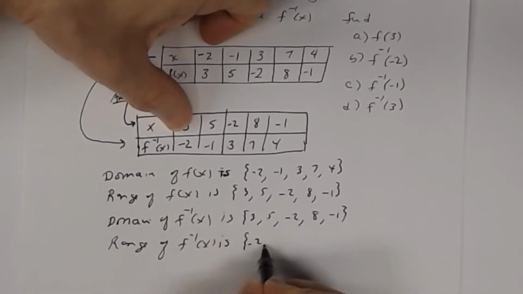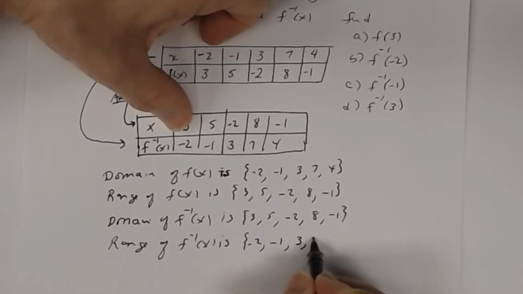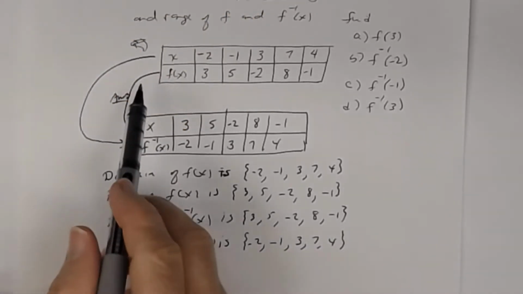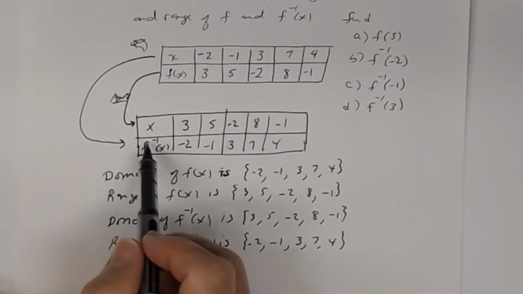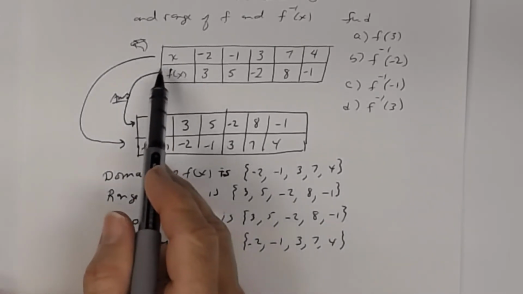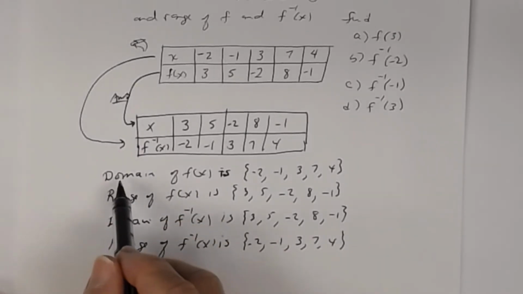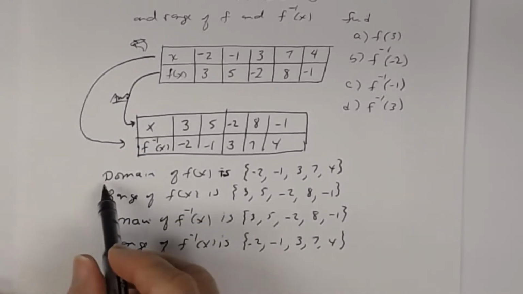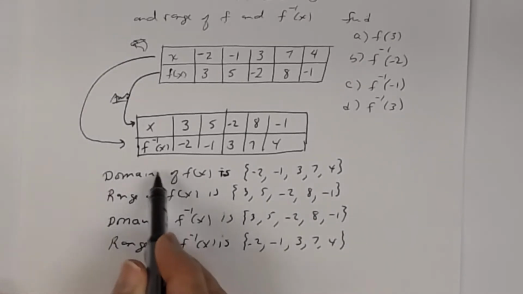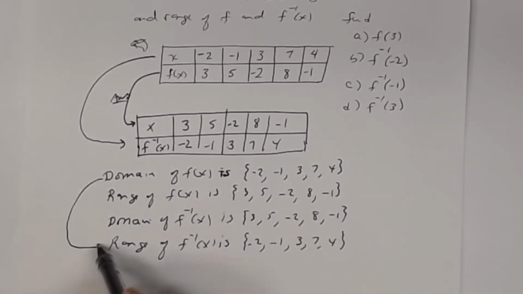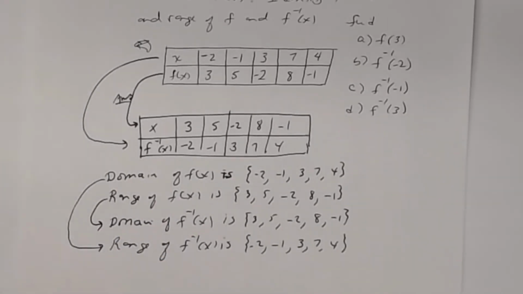So negative 2, negative 1, 3, 7, 4. Okay? And just like we talked about, the x becomes the y of the inverse, and the y of f of x becomes the x of the inverse, the same thing applies to the domain and range. So notice, the domain of f of x becomes the range of the inverse. The range of f of x becomes the domain of the inverse.